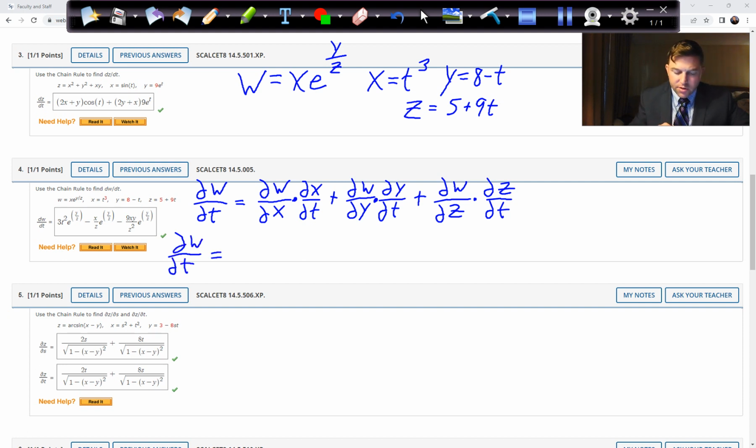Okay, the partial derivative of w with respect to x, the x would just go away and you're left with e to the y over z times dx dt. dx dt would be 3t squared.